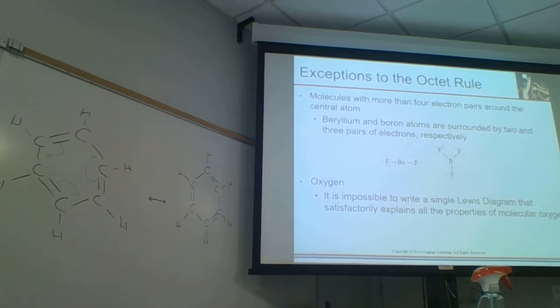We can draw the Lewis structure of oxygen. And I go, okay, well that's fine. I look at this, it is linear. All two atom structures are linear. Each oxygen should be EPG 3, which would be trigonal planar.